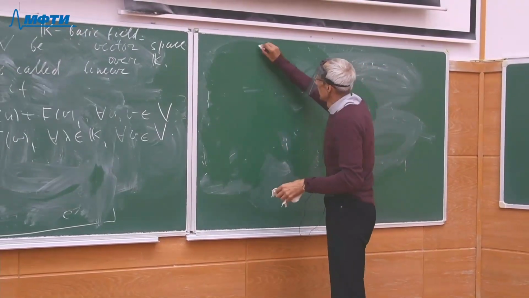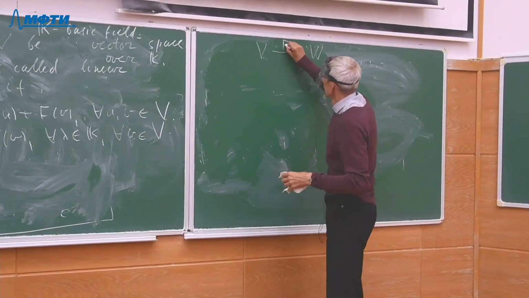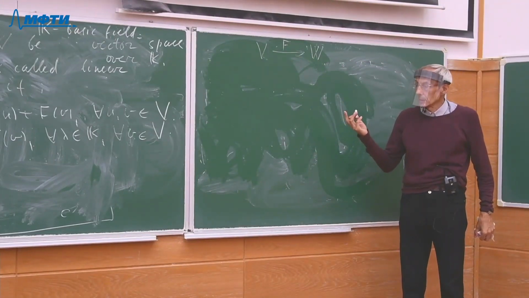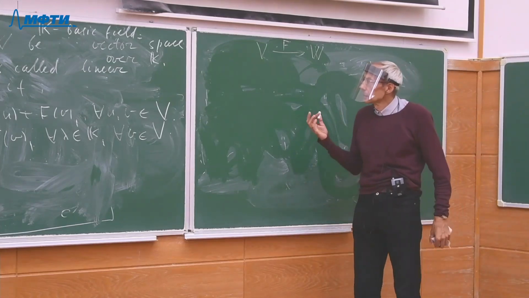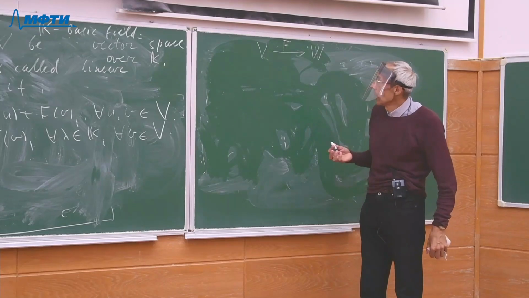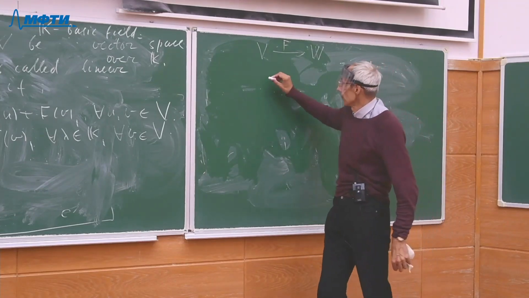We have two vector spaces V and W and a mapping F. Maybe 5-10 minutes before, I defined the coordinate isomorphism.